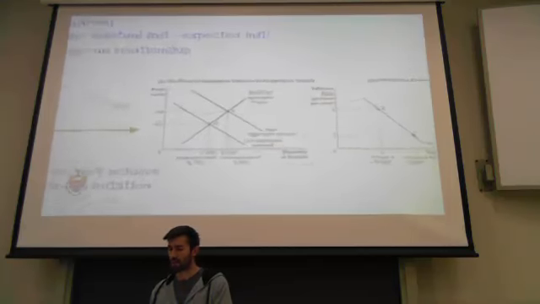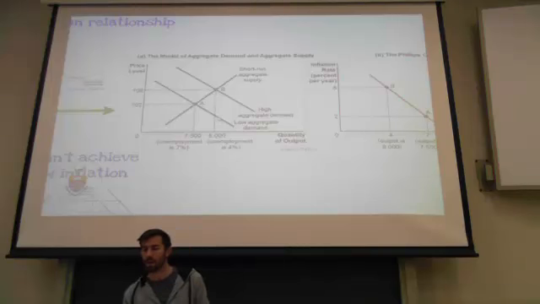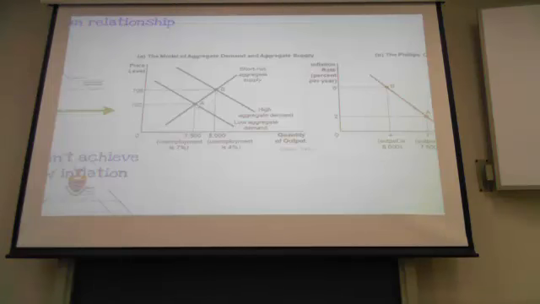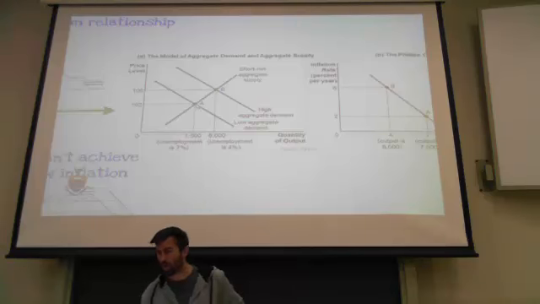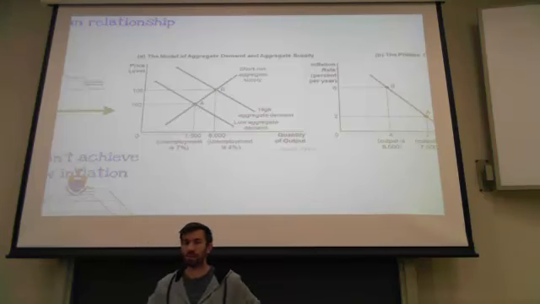Okay, so what happens? As an example, let's say we're at equilibrium at point A, and we have an increase in aggregate demand. Are you happy that we would get a new equilibrium position at point B with an increase in aggregate demand?